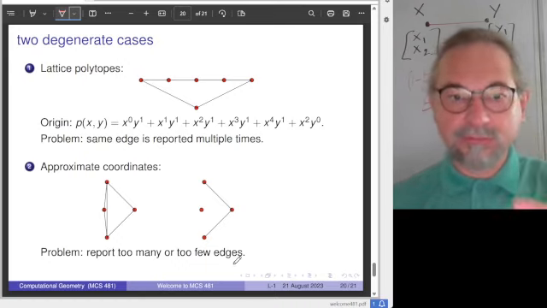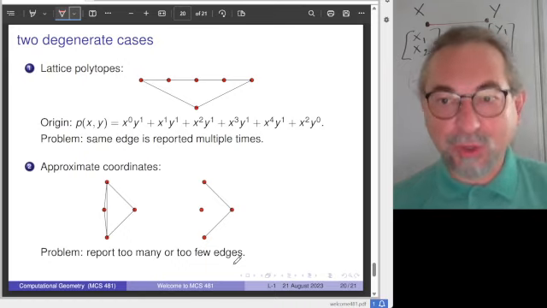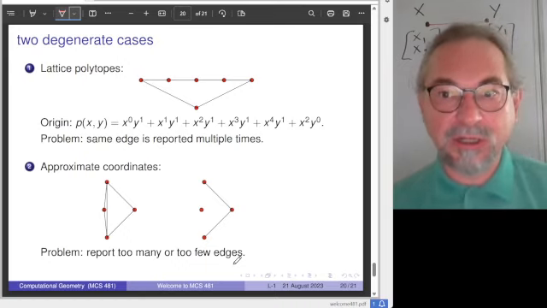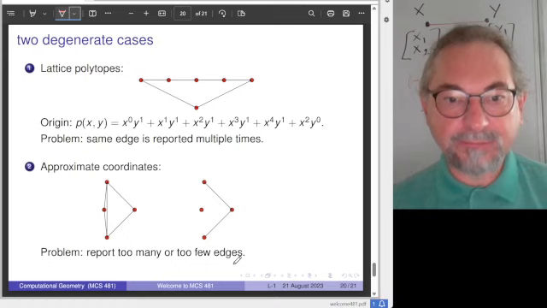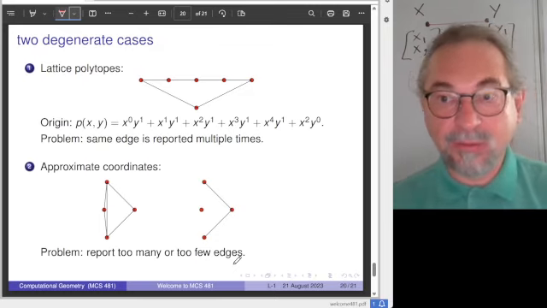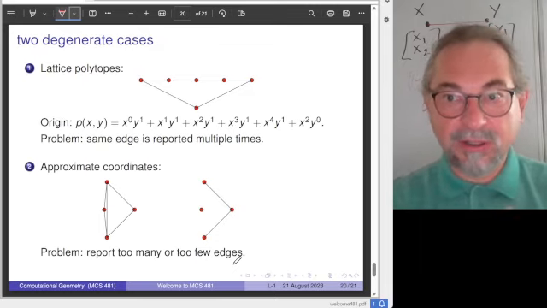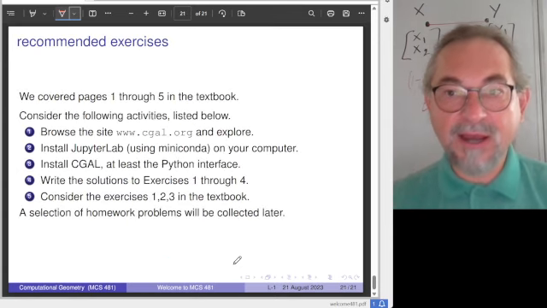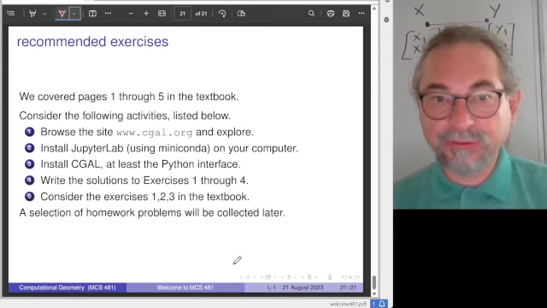So working with approximate coordinates is even harder, a subject in numerical analysis. What should your working precision be relative to the accuracy of the input? That's a difficult question.